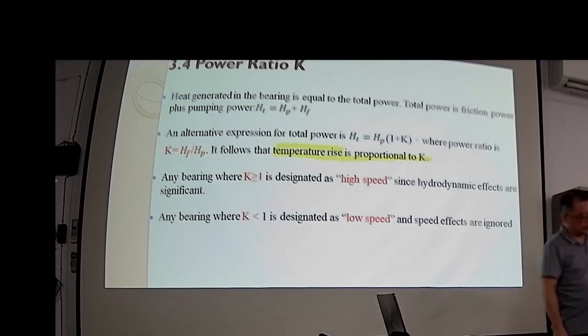So we use the power ratio to distinguish the hydrostatic bearing as either a high speed bearing or a low speed bearing.